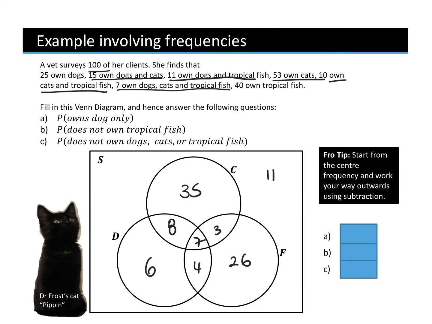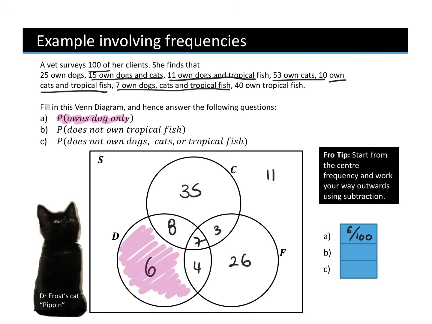Okay, they could have birds, horses, tarantulas. So then, part A says the probability that they own dogs only. So that is just this part here, which is 6 out of how many altogether? 100. 6 over 100. Part B, does not own tropical fish.